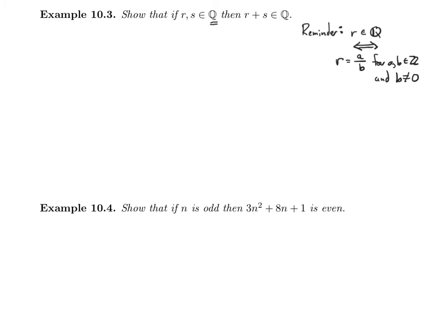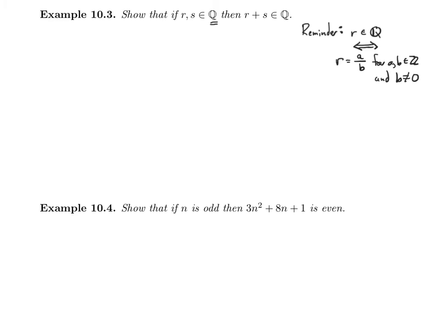So maybe I'll get you guys to pause the video and try to do the proof all the way through. So we have an if-then statement already written, so it's pretty easy to set up. We know what we have to assume, and we know what we have to show.